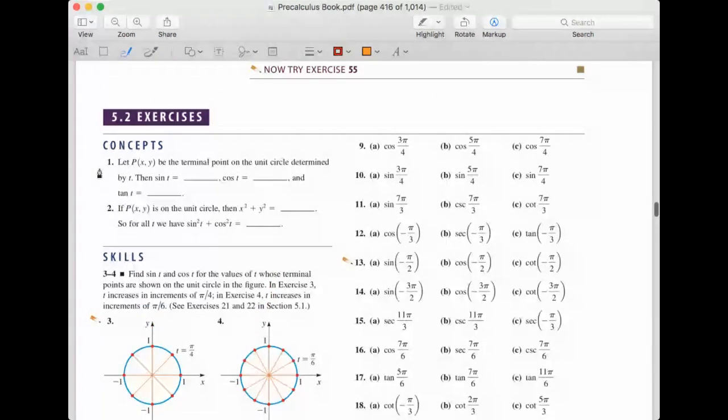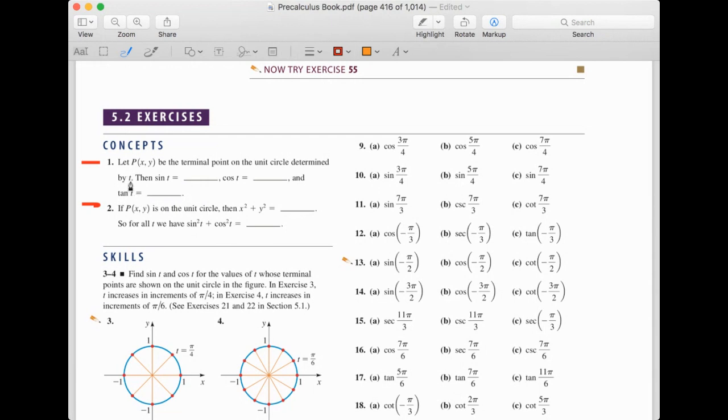Let's actually talk about the 1 and 2. So let's all try. Hopefully some of you can show. So one: let a point be the terminal point on the unit circle determined by t. Then sine t equals, cosine t equals, and tangent t equals.